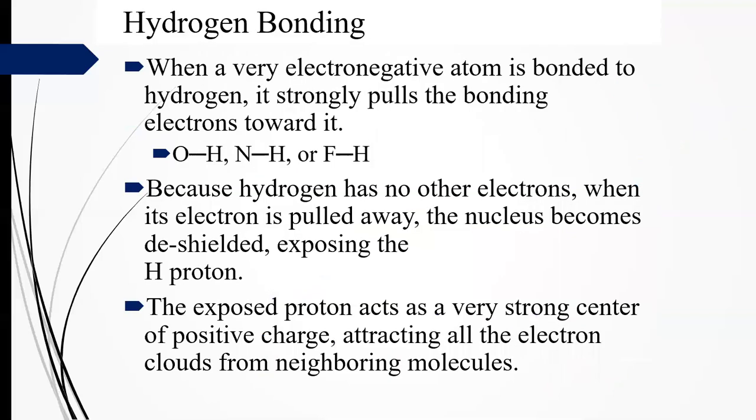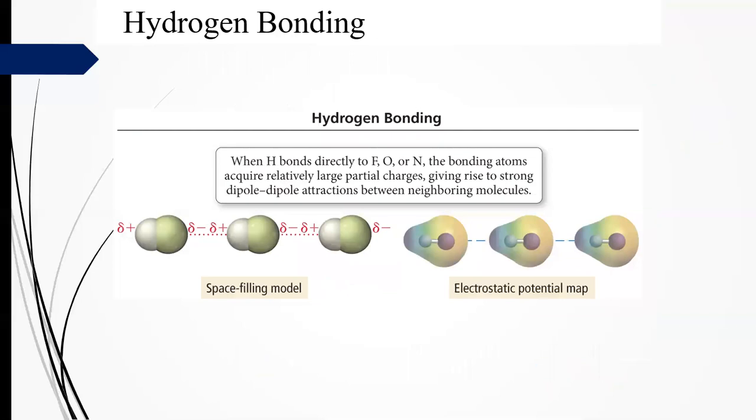When they're connected to each other, the very electronegative atom pulls the bonding electrons towards it, and that exposes the nucleus of the hydrogen, exposing that proton. And so this is a very strong positive charge attraction for all of the neighboring molecules. So you can kind of see it like this. You can see how skewed that structure gets from that hydrogen bond.